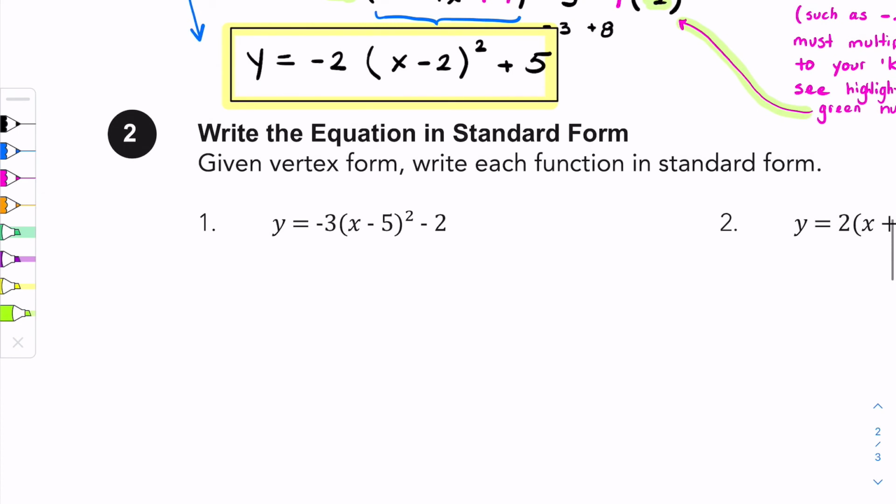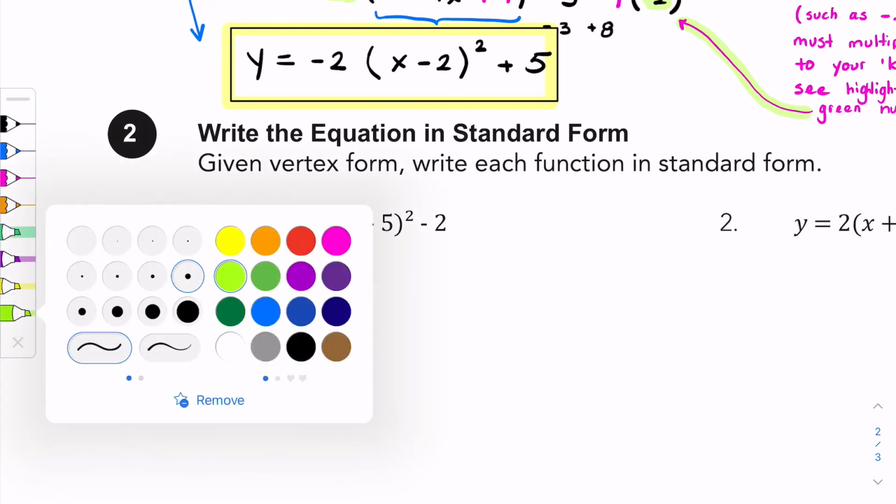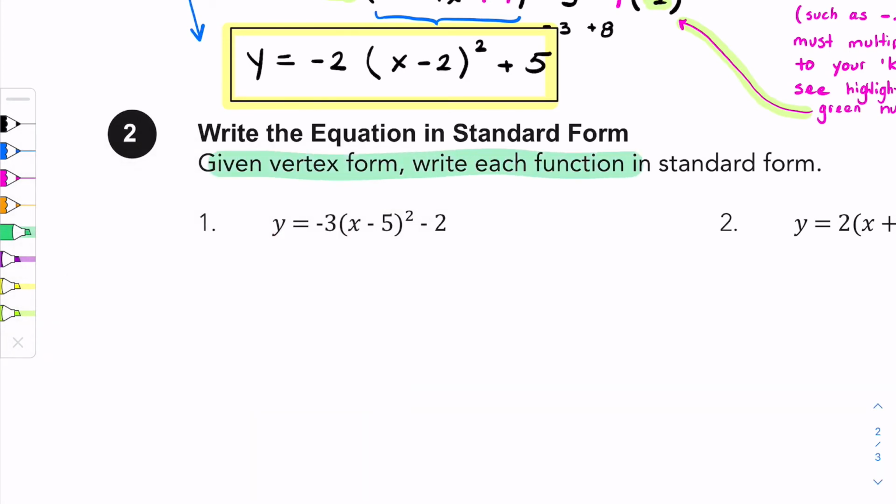The next example set is writing an equation in standard form. So we start in vertex form and we are converting to standard form. These directions are much simpler. The only direction I can give you on this is to follow order of operations.